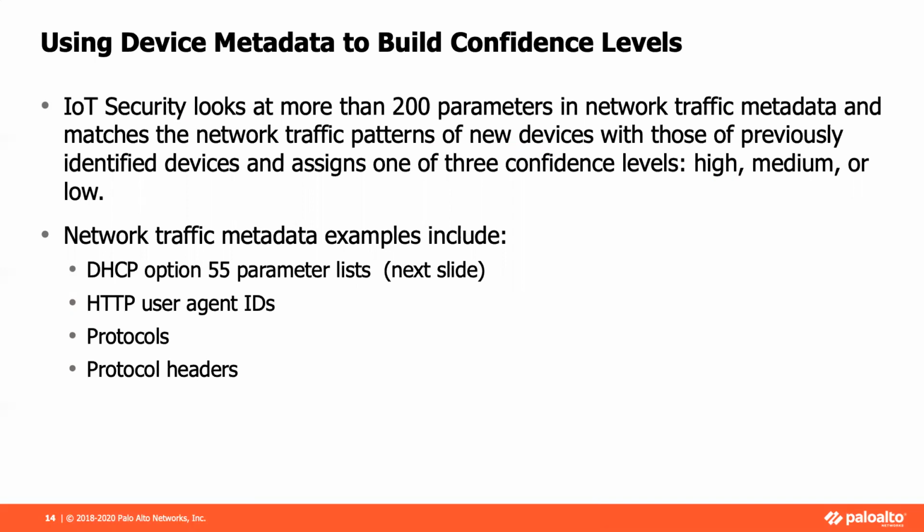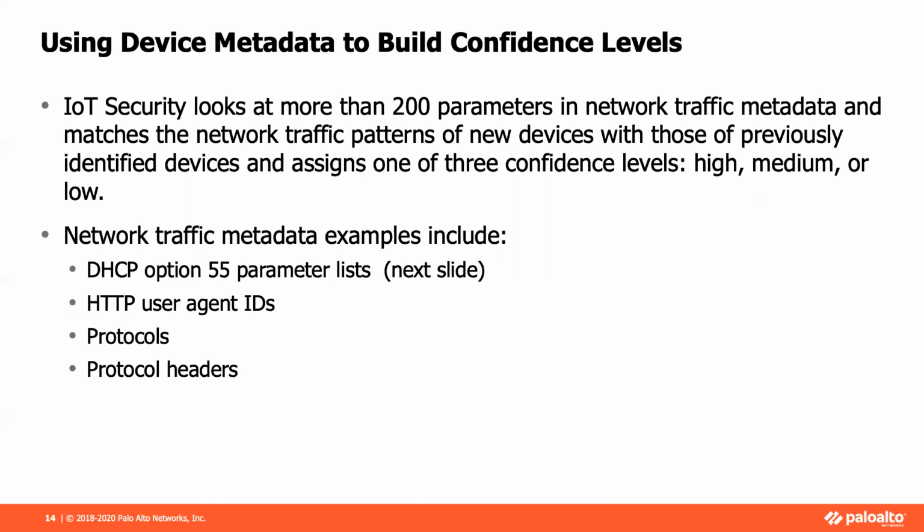And we can give you different confidence levels of the information we're getting there. Some of the metadata we collect includes a lot of DHCP options, including option 55 parameters, HTTP headers, user agent IDs, protocol headers, things like that.